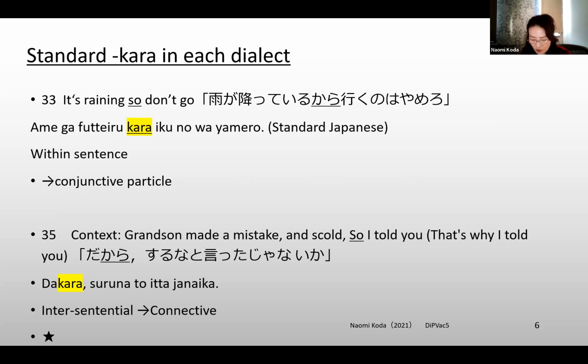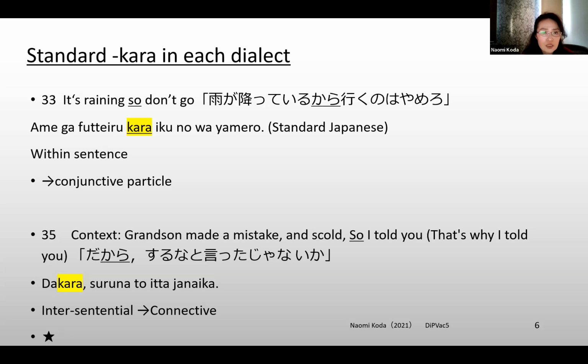Investigation was pursued during 1972 to 1982. This map was made by the grammar translation method. Researchers asked informants, how do you say this in your dialect? And number 33 and 35 are about the standard form connective conjunction kara.